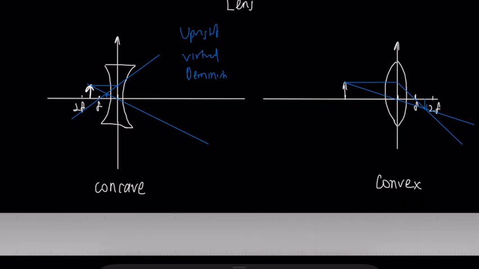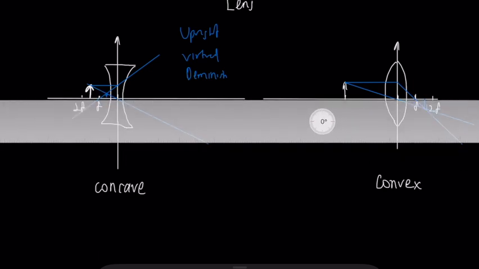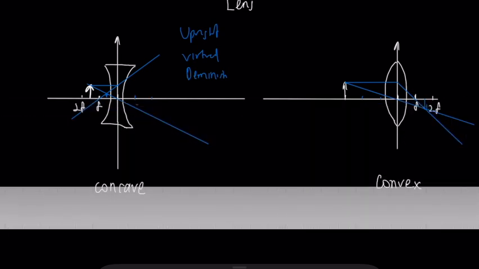For the convex, same thing. I can draw it again. I don't really need to explain why, I already explained it.